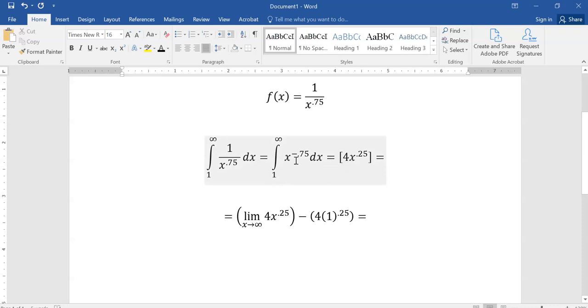Obviously, we're going to plug in infinity as my upper bound and 1 as my lower bound. I didn't write that here because it takes more time than I need. But we're going to plug in infinity into this, and by that I mean taking the limit as x goes to infinity. And then when we plug in 1, we plug in 1.